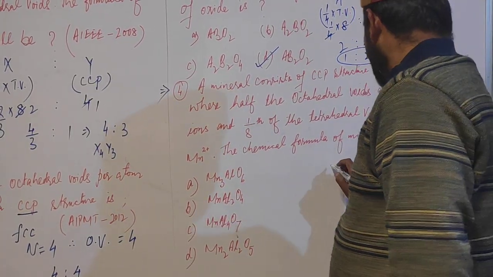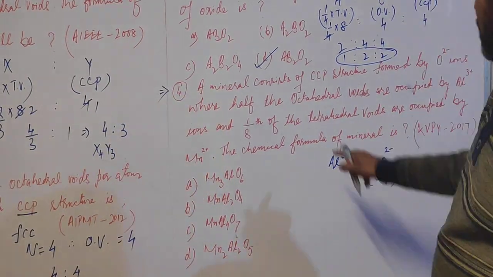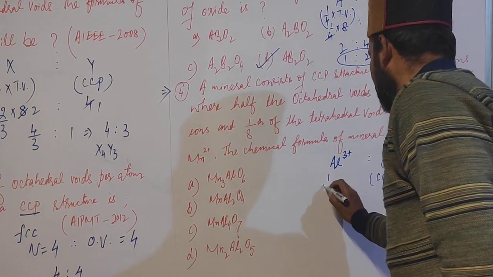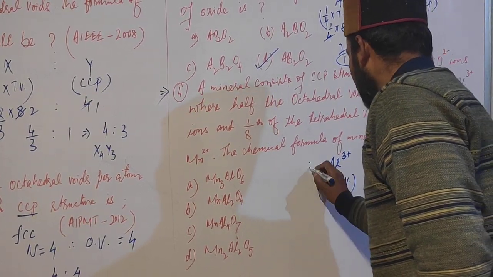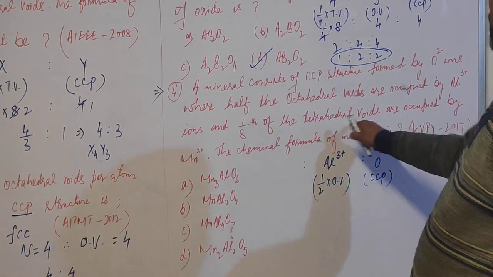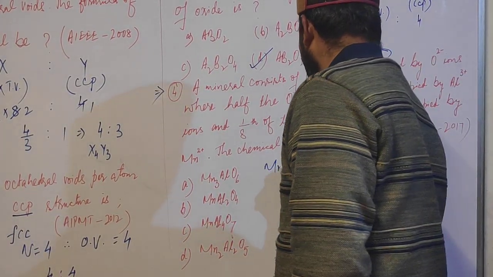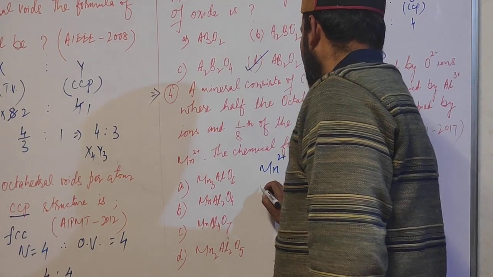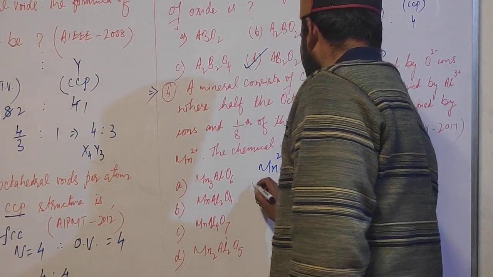So we have aluminium ions occupying half the octahedral voids. And 1/8 of tetrahedral voids are occupied by manganese 2 positive ion. So we have 1/8 of tetrahedral voids occupied by manganese.